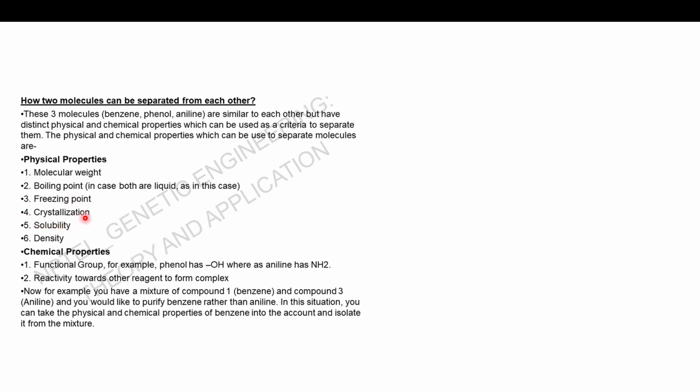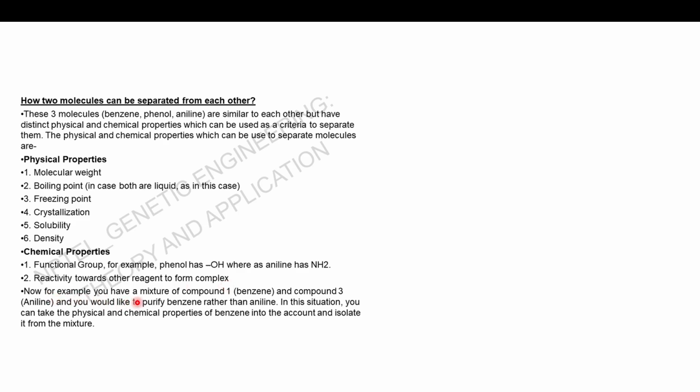Freezing points are different, crystallization tendencies are different, solubilities are different, densities are different, right? And then chemical properties, the functional group, like phenol has OH, whereas aniline has an NH2 group. Reactivity towards other reagents to form a complex.